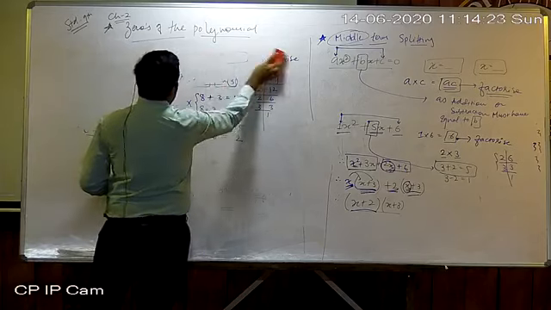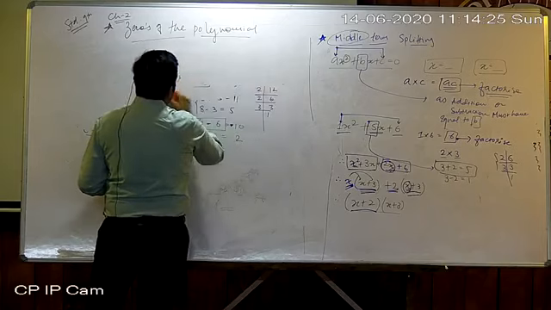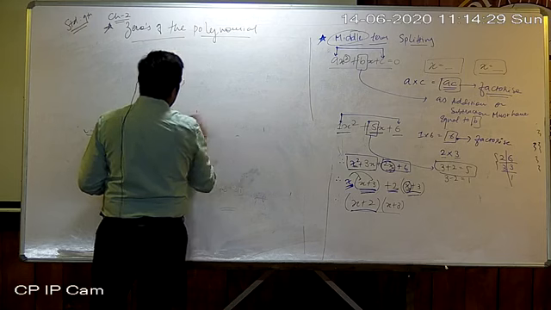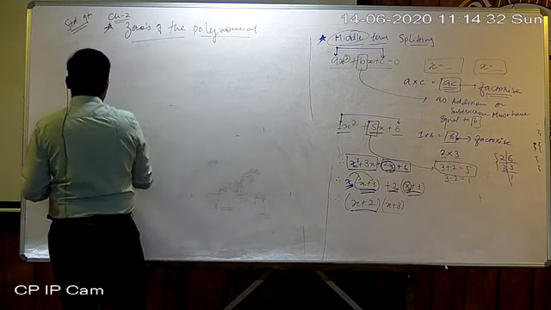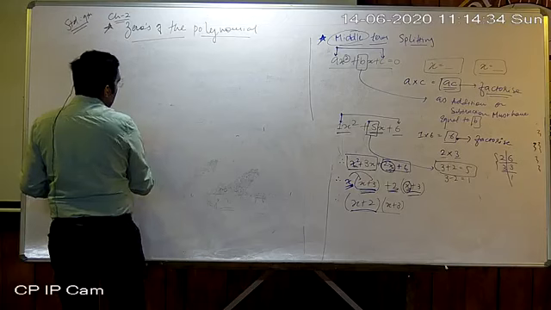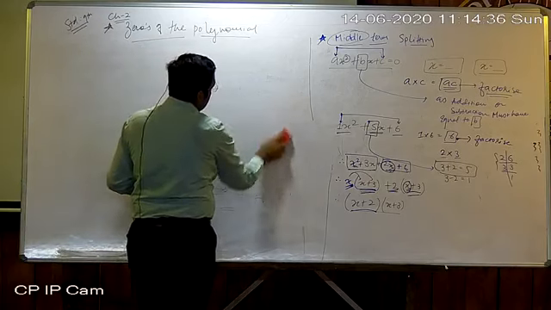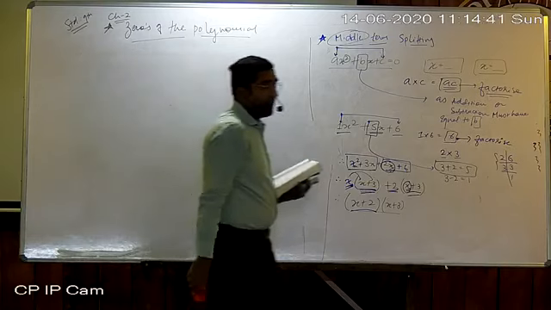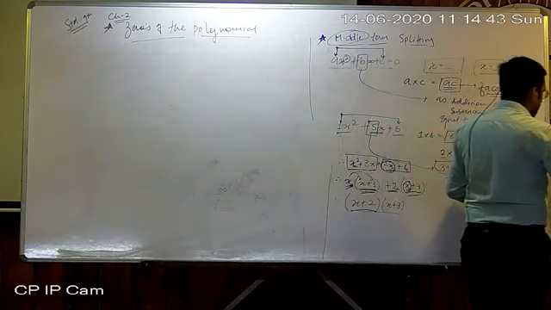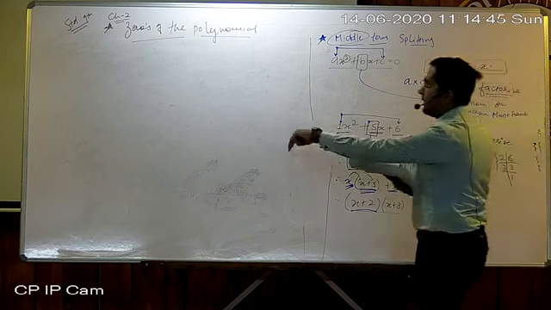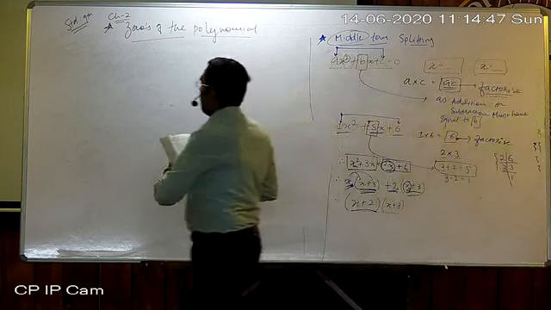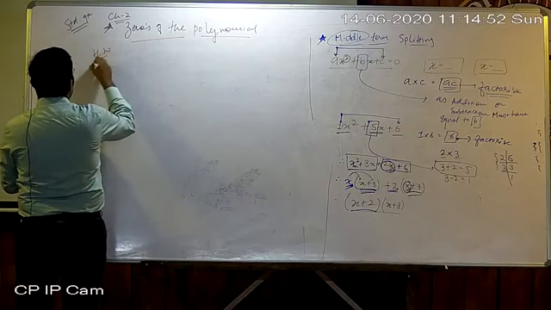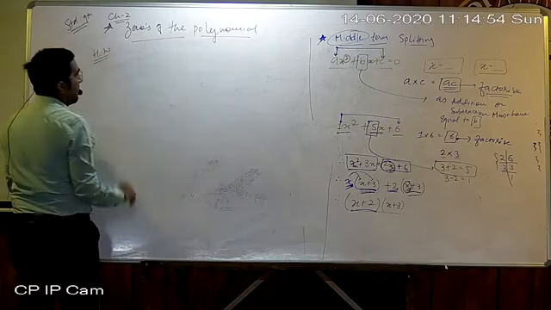We have to continue the next topic, that is finding zeros of the quadratic, cubic or any kind of polynomial. We will learn that in the next session. For today's session, please note down the homework for the middle term splitting method.